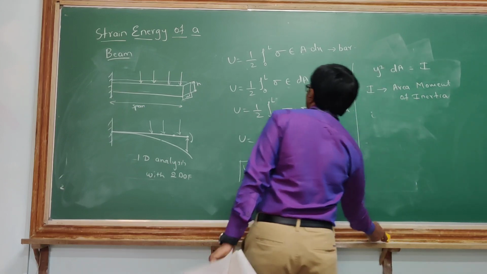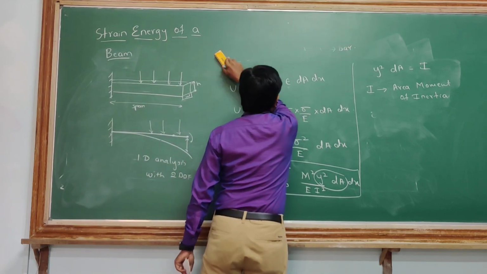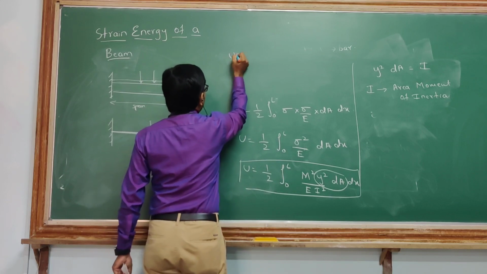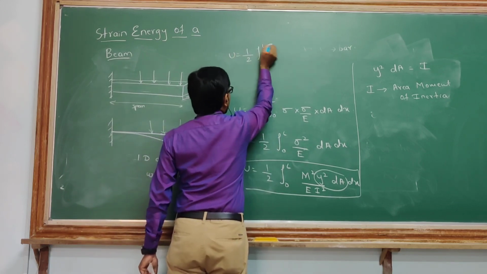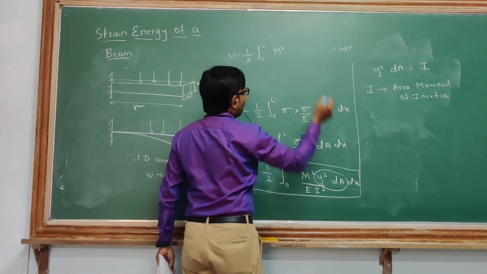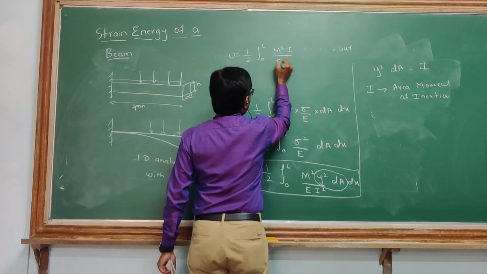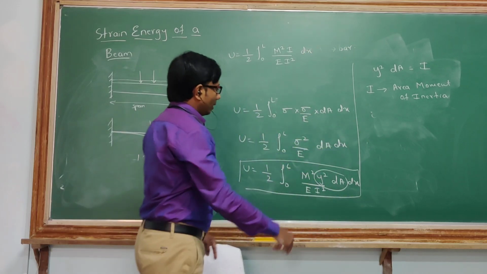So we are just substituting that particular equation here. So U will be equal to half into integration 0 to L, M square I divided by EI square into dx.